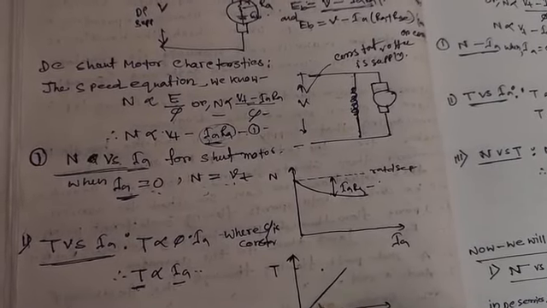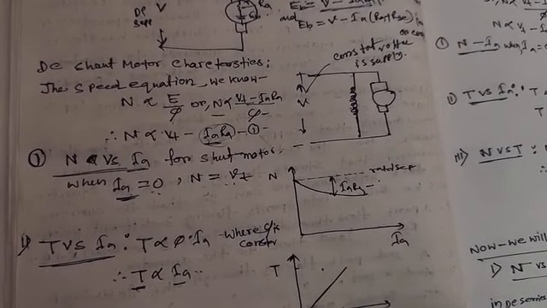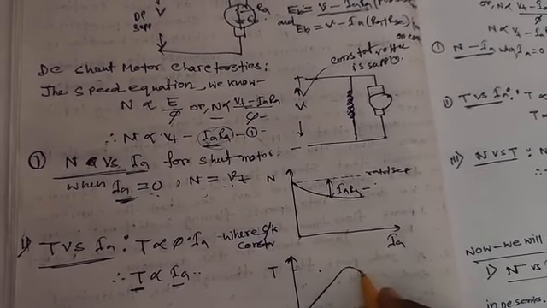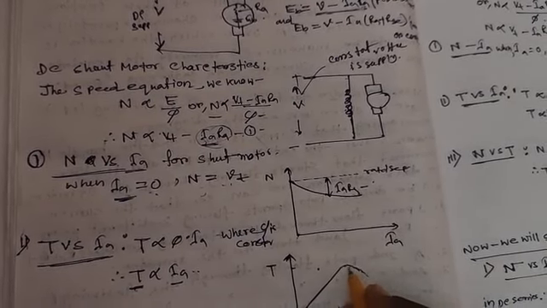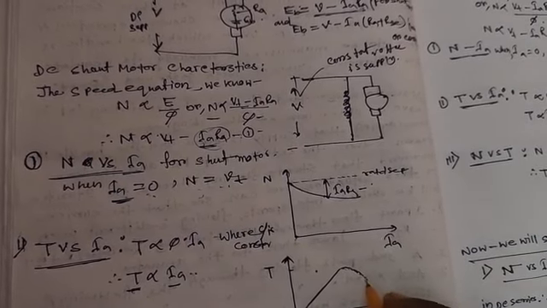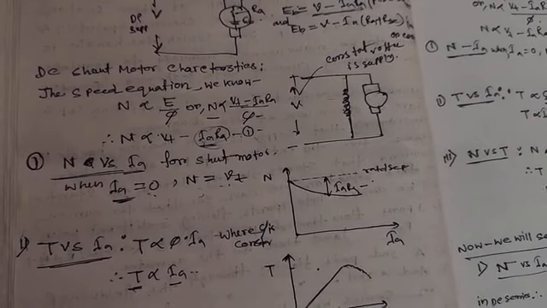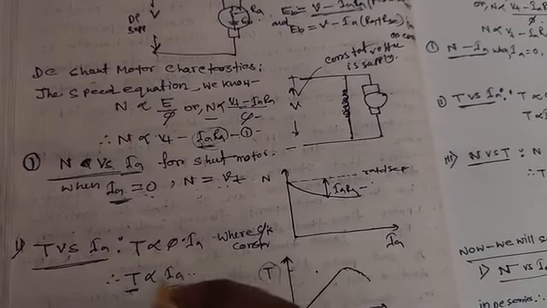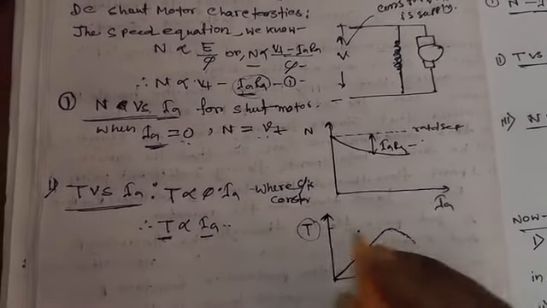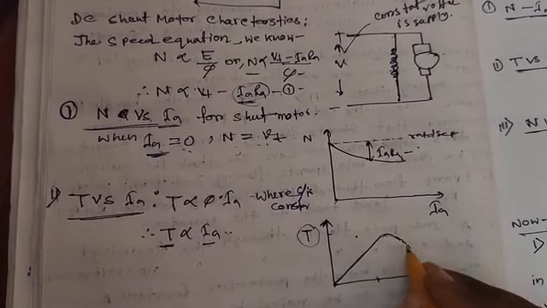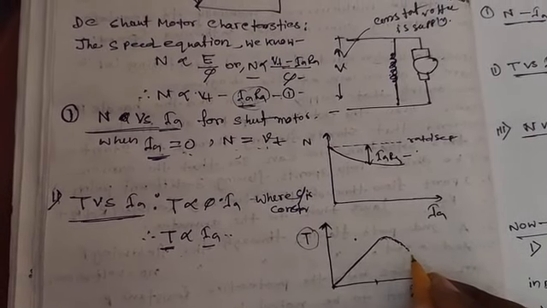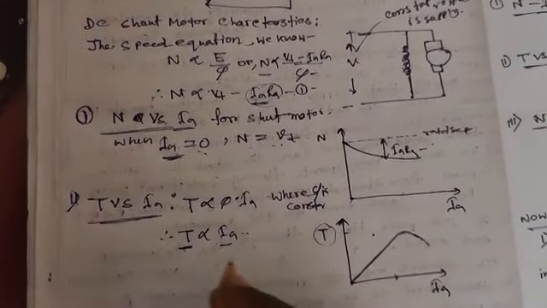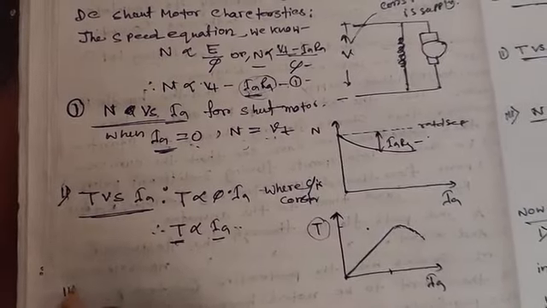Due to armature reaction, after some time this straight curve slows down. The curve is reducing or curving, because after some time when the armature reaction is working, the torque is reducing, so the straight line is curved and slows down. This is the torque versus armature current characteristics of the DC shunt motor.